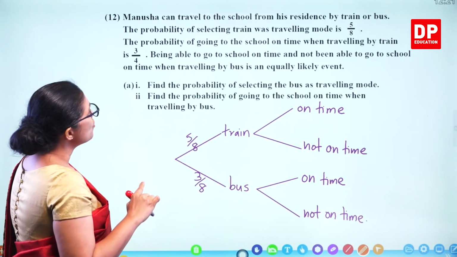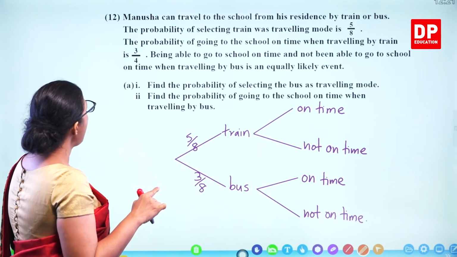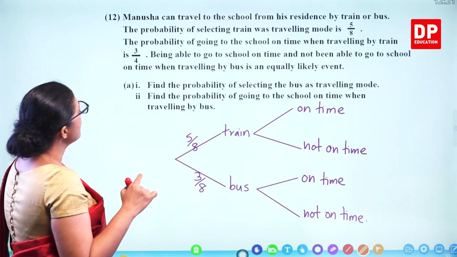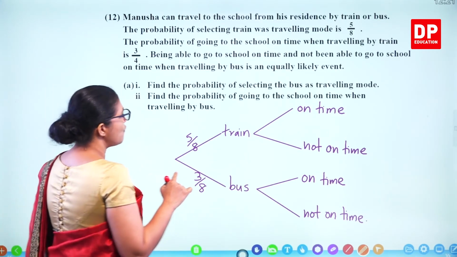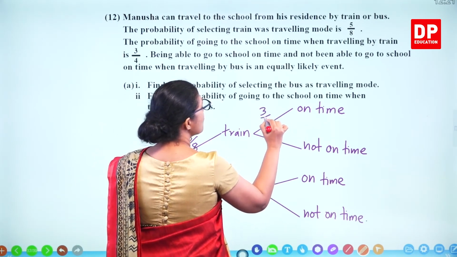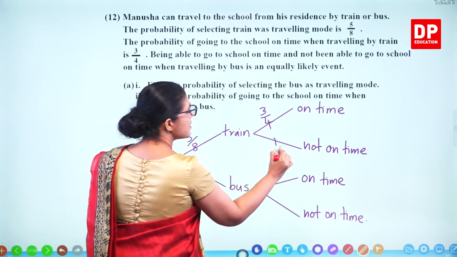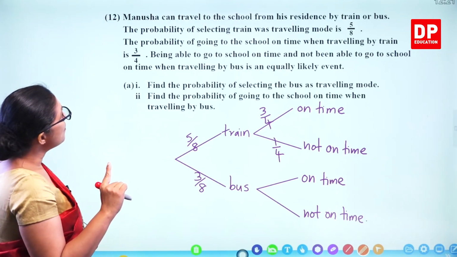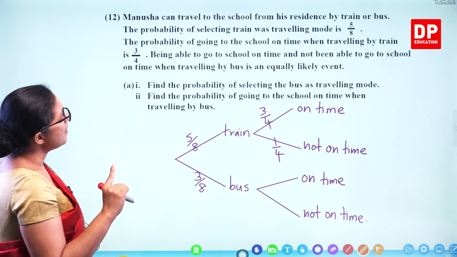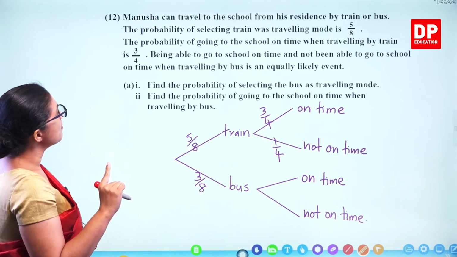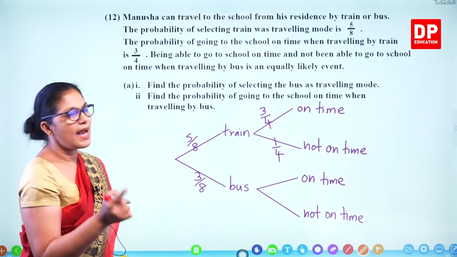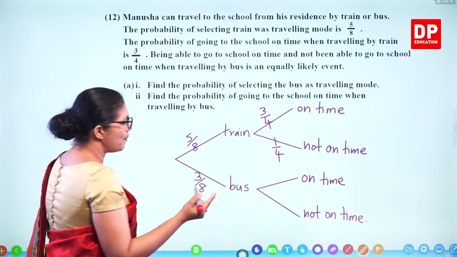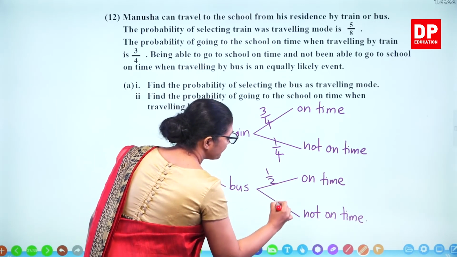If Manusha goes by train, going to the school on time is 3/4. This is 3/4, given. So what is this probability? This is 1/4, 1 minus that. And being able to go to school on time and not being able to go on time when traveling by bus is equally likely. So both are equal, which means half and half.